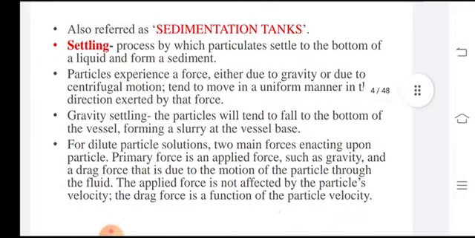These settling tanks, which are also called sedimentation tanks, basically have the purpose of settling down the coarse particles, and after the settlement all those coarse particles will be settled in the form of sludge, and then the clear, clarified water will be passed on to the next chamber for further treatment.